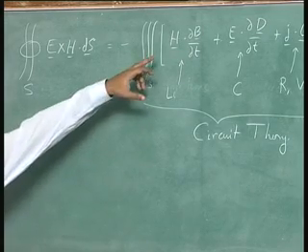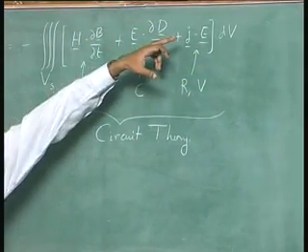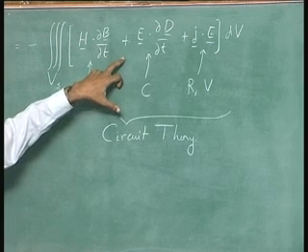So, as long as this conservation theorem holds, you are basically satisfying KVL and KCL. Why do I say that?